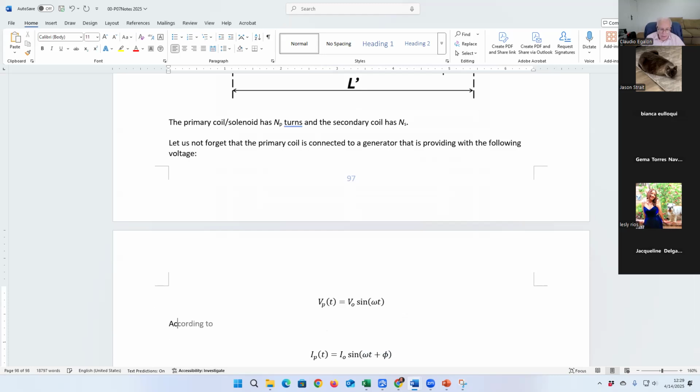According to Ohm's law, what do we have?